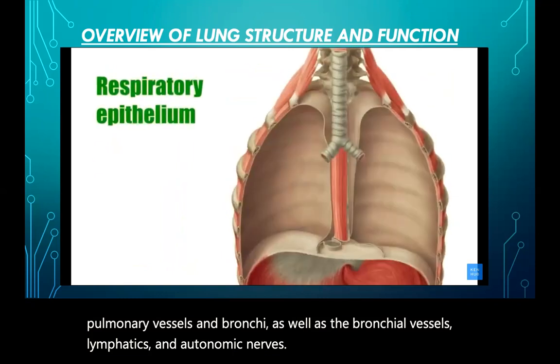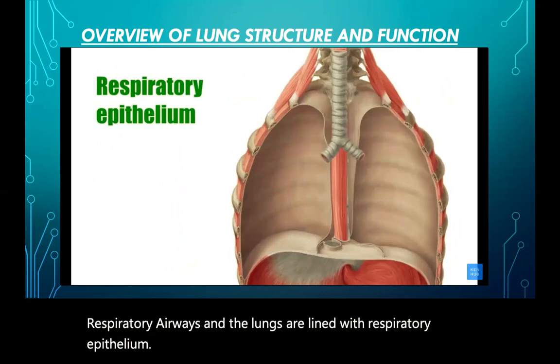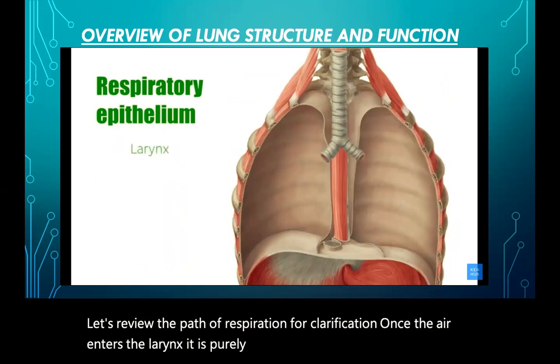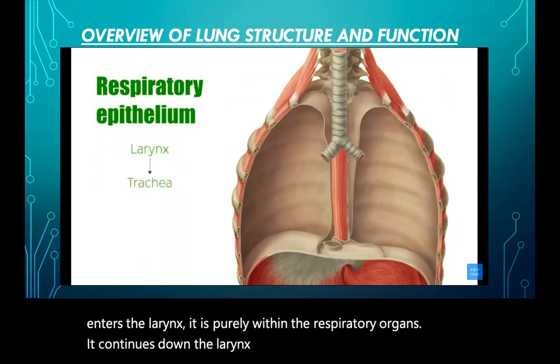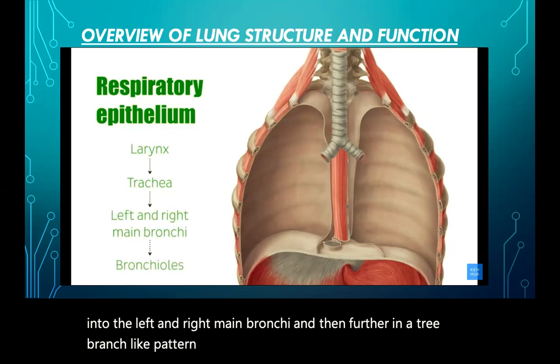The respiratory airways and the lungs are lined with respiratory epithelium. Let's review the path of respiration for clarification. Once the air enters the larynx, it is purely within the respiratory organs. It continues down the larynx and into the trachea, which bifurcates into the left and right main bronchi, and then further in a tree branch-like pattern into bronchioles.